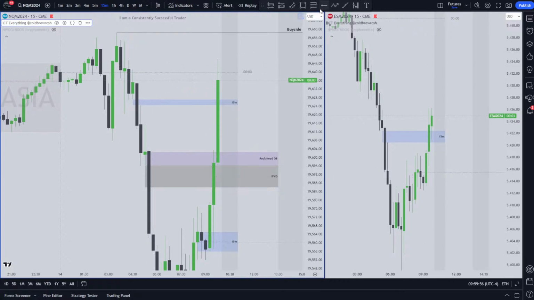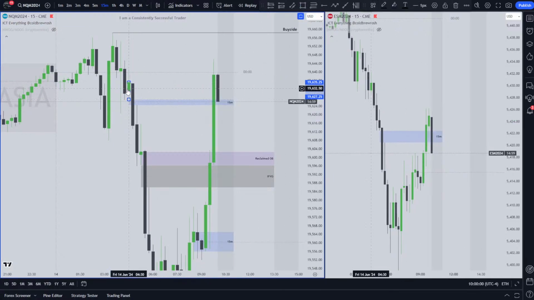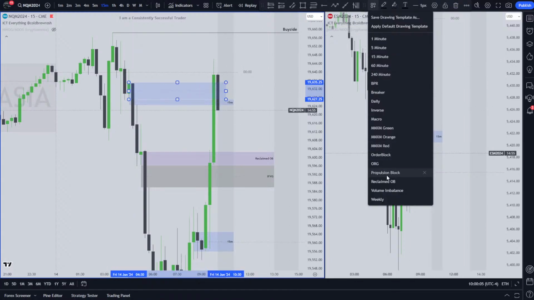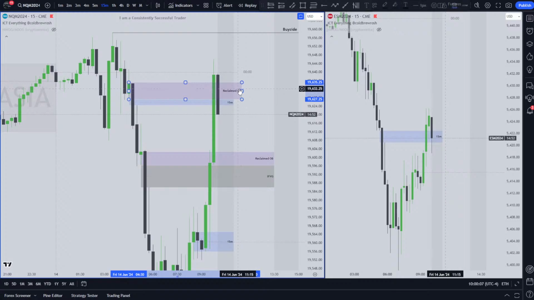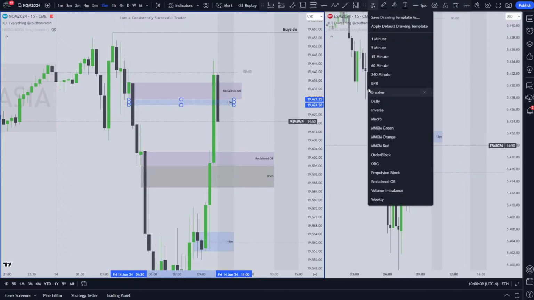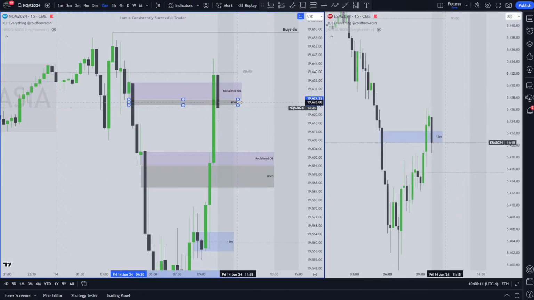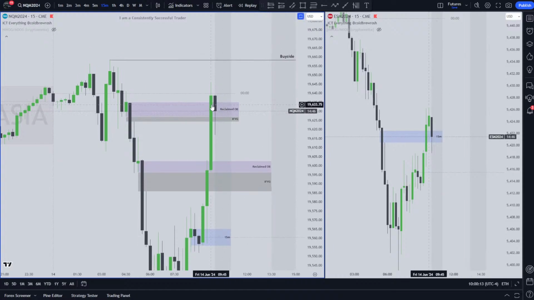So it's likely that we're gonna close above this. Let's see how this reacts. Did we? Oh, we did. Okay. So this is our reclaimed order block, and this is our inverse. Just because of news, we'll see what happens.